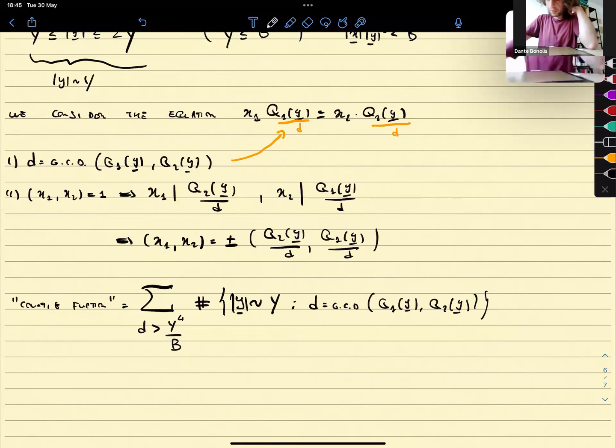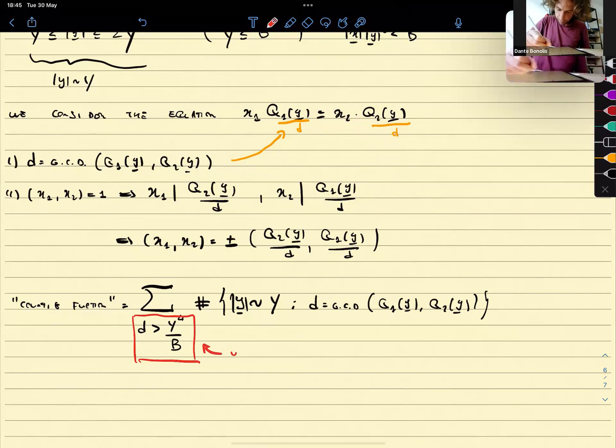As I was saying before, I just want to mention shortly that this lower bound is due to the fact that here is where it plays a role.